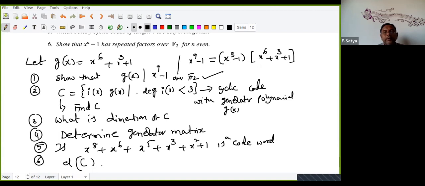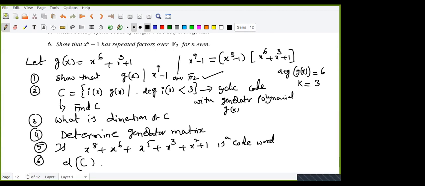Now, what is the degree of g(x)? It is equal to 6. Then what is the k value? Suresh, what is the k value? 3.